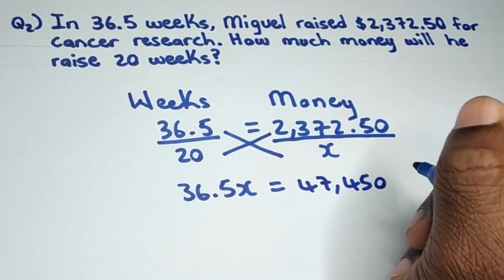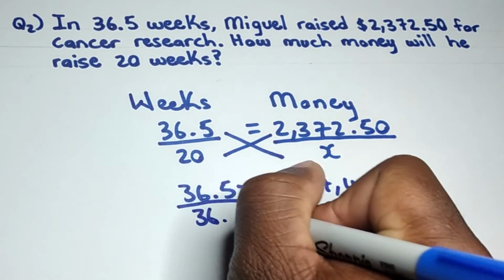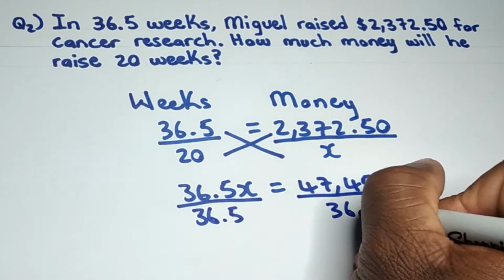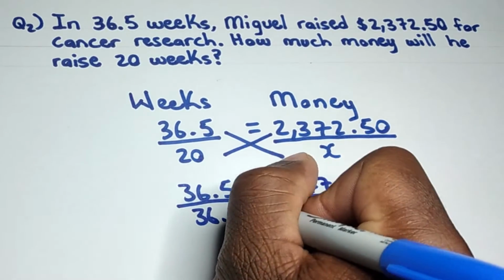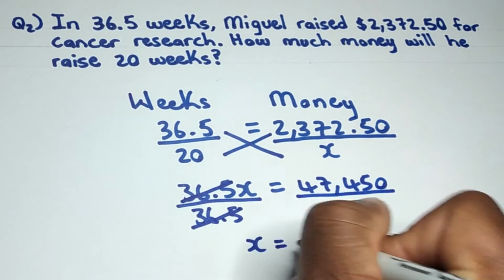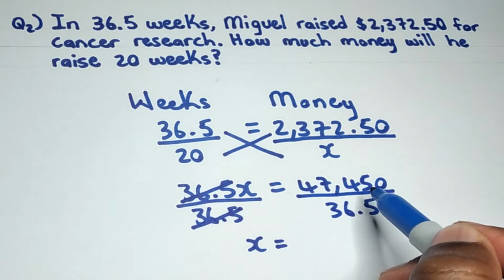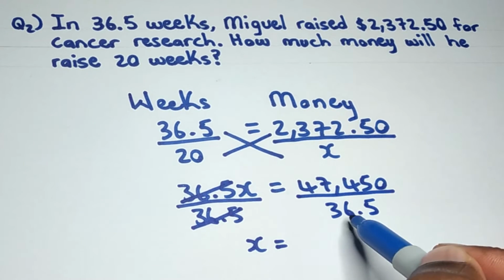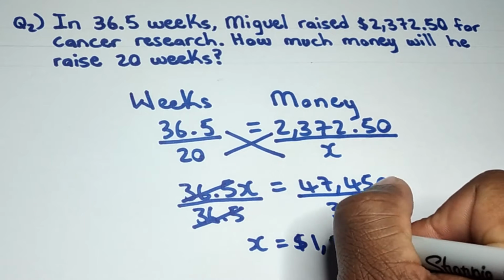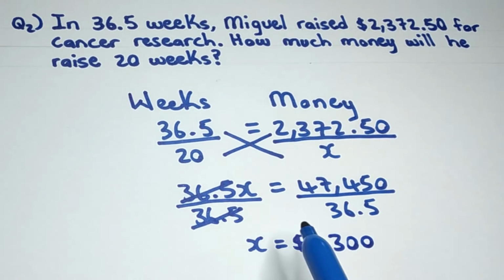All right, what we can do now is to divide both sides by 36.5. All right, so 36.5 will cancel 36.5 and I'll be left with x is equal to the result that I'll get when I divide 47,450 by 36.5, which is $1,300. All right, so this would have been our solution.